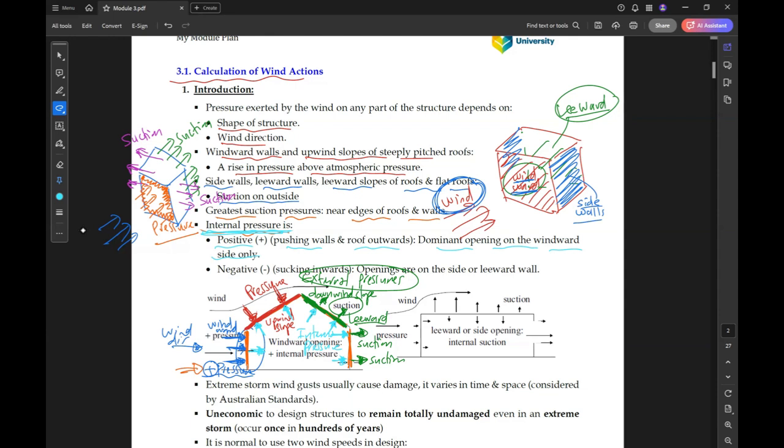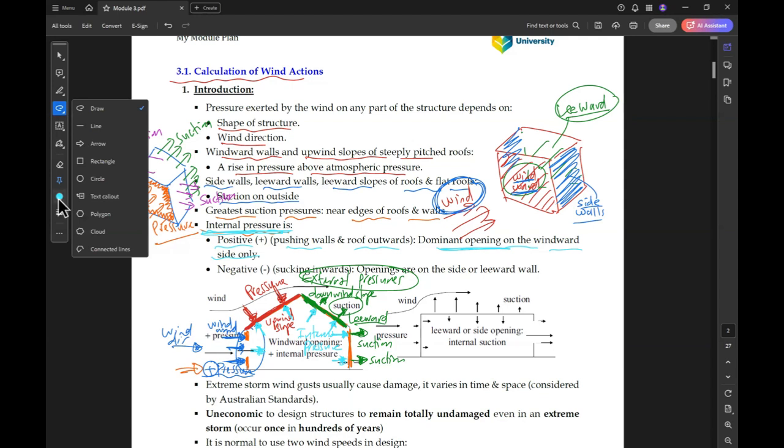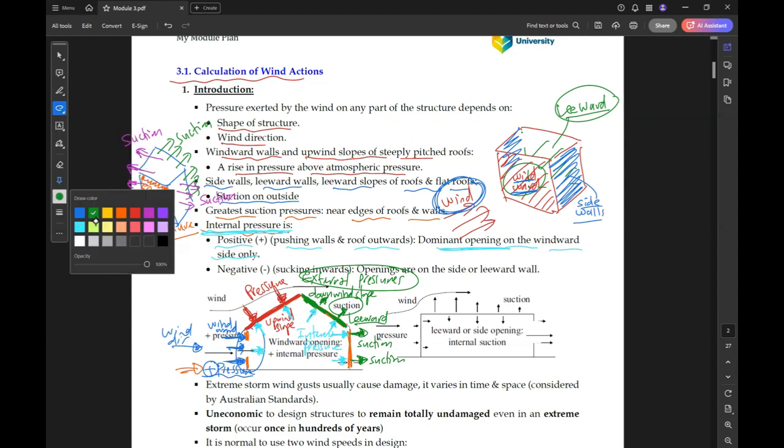So if we have an opening somewhere here, on the windward side, we will have this type of loads or pressures. We will have positive pressure pushing the wall and roof outward.